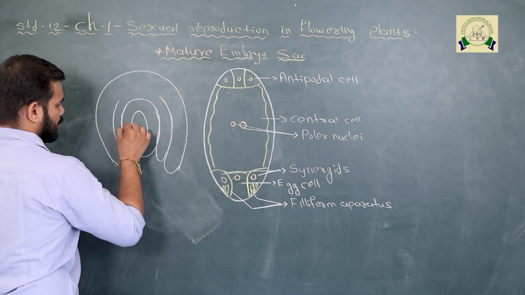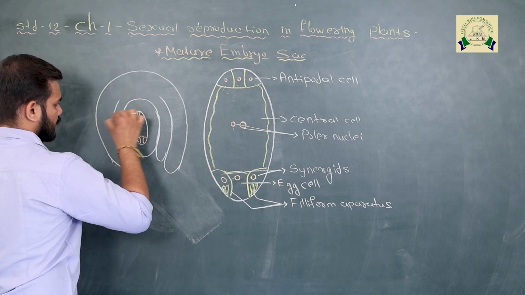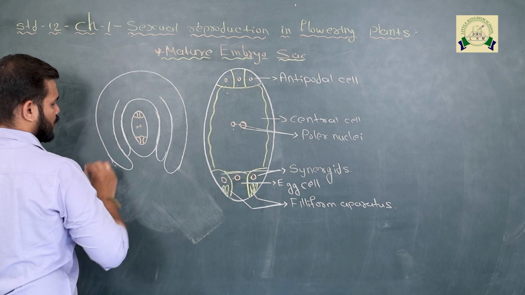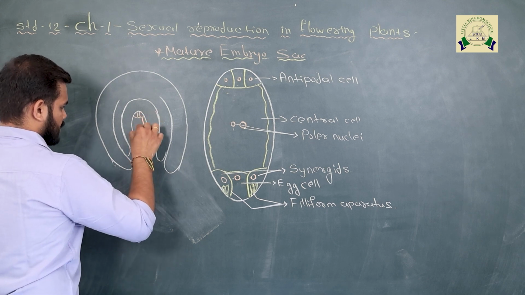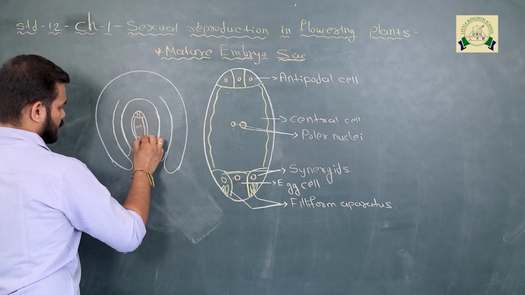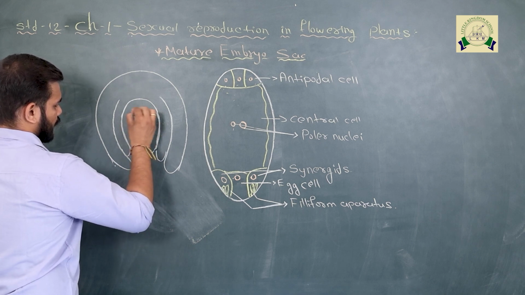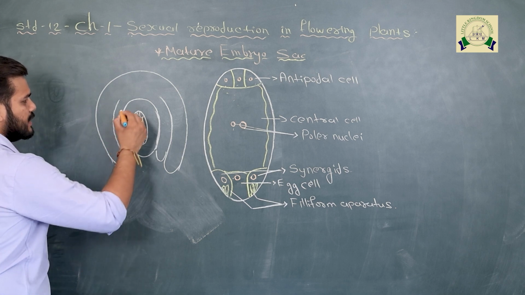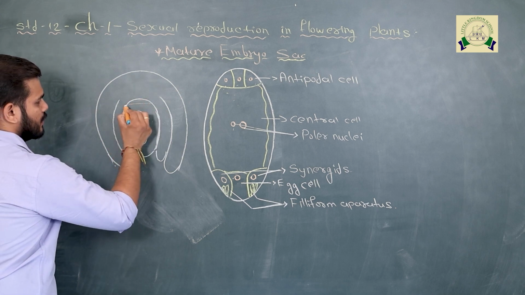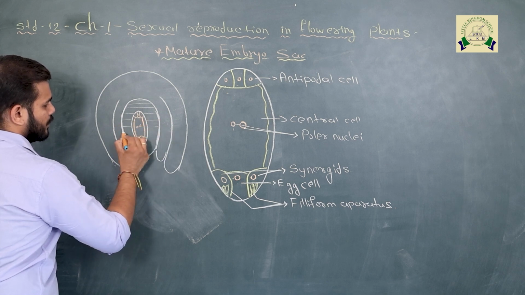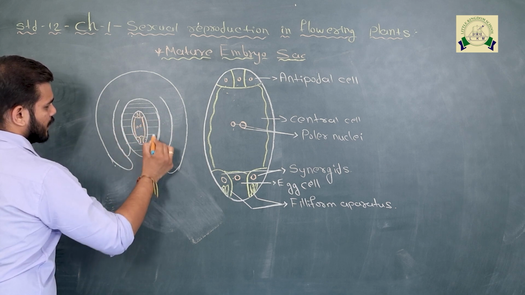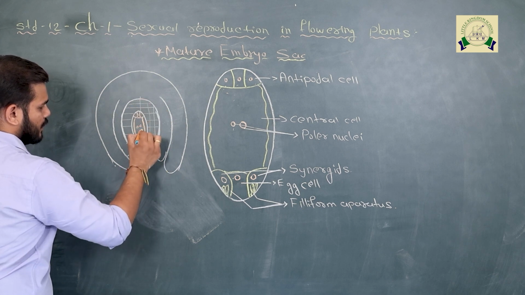Three cells at the base, 3 cells at the top, and 2 nuclei in the center, in the centrally located cell. And the cells of nucellus are present in this region. Clear? These are the cells of nucellus.